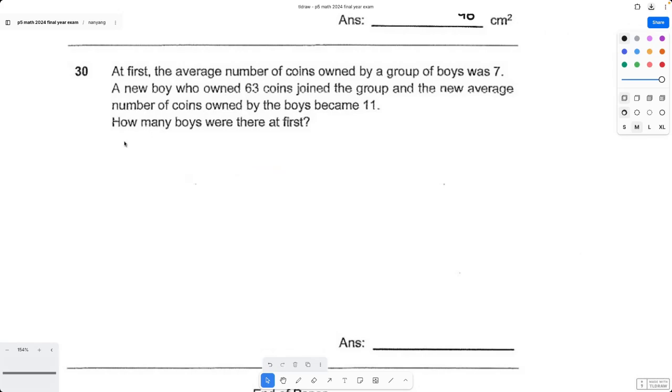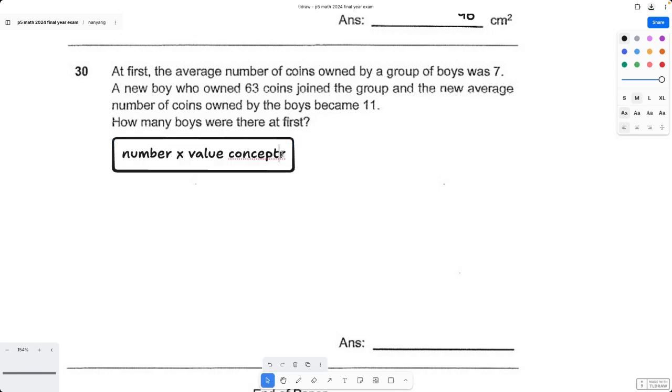All right, so here what we can do is, in a way, we can use this number x value concept. Okay, so what this means is that at first, or basically get total at first, or let u be number of boys at first, right?